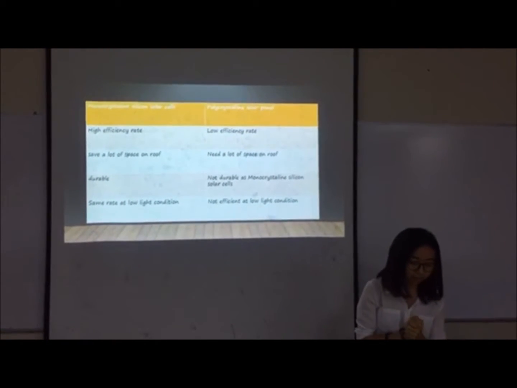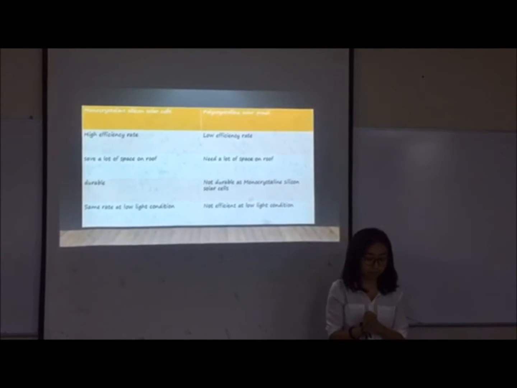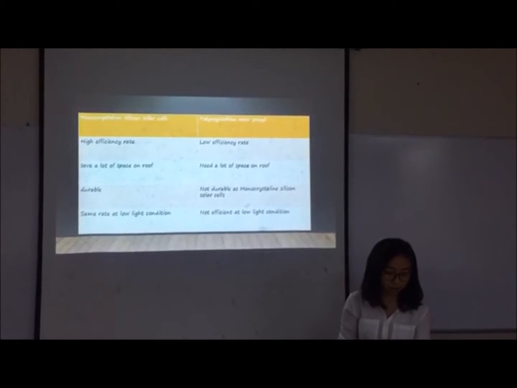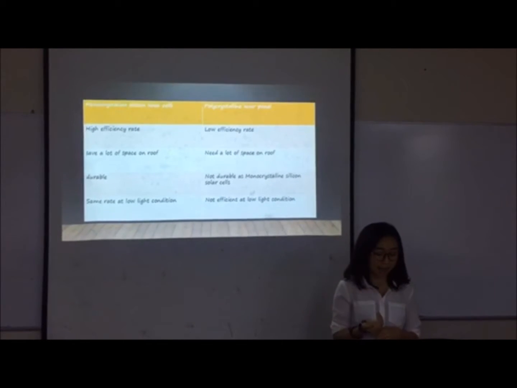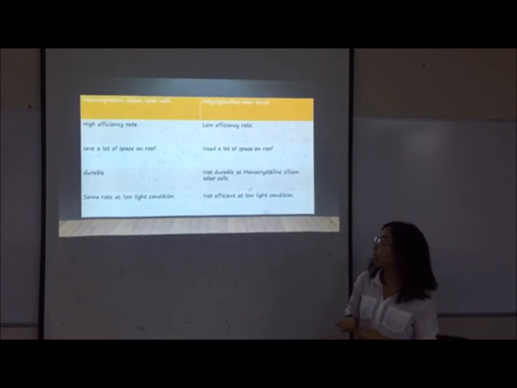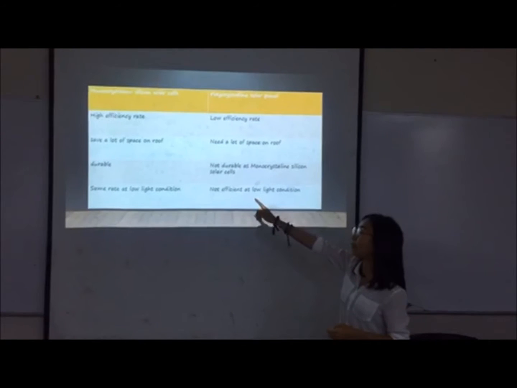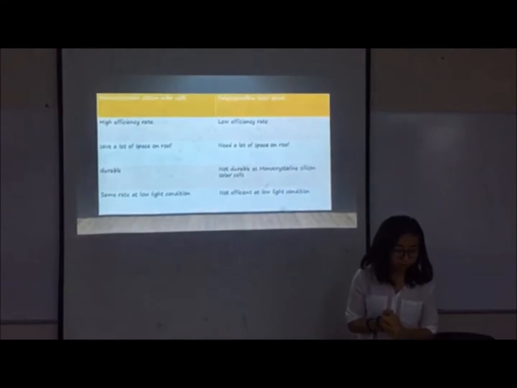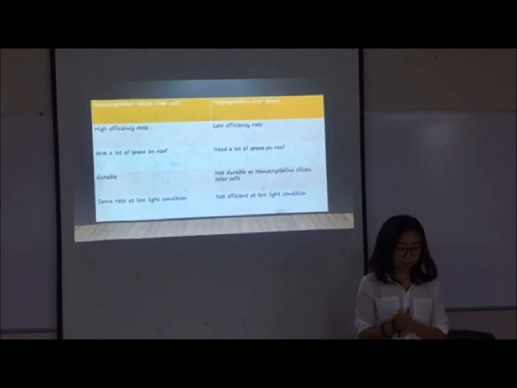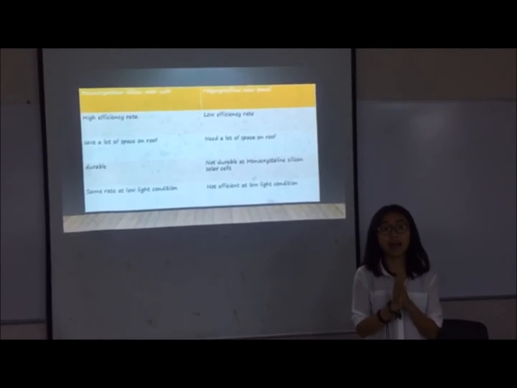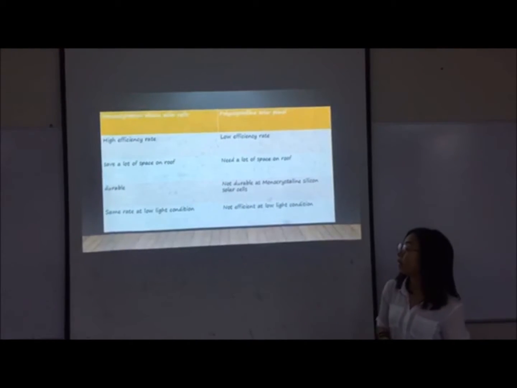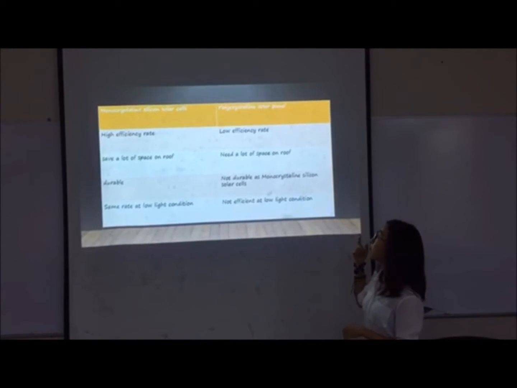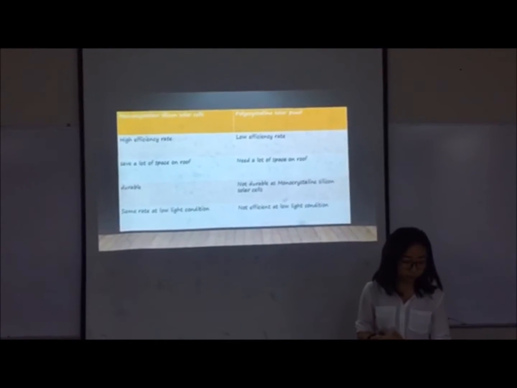Because it is 15 to 20% more efficient, as it uses high grade silicon. The next one is that it saves a lot of space on the roof. Although it has a smaller size, it has a high power output. And it is durable compared to the polycrystalline panel.